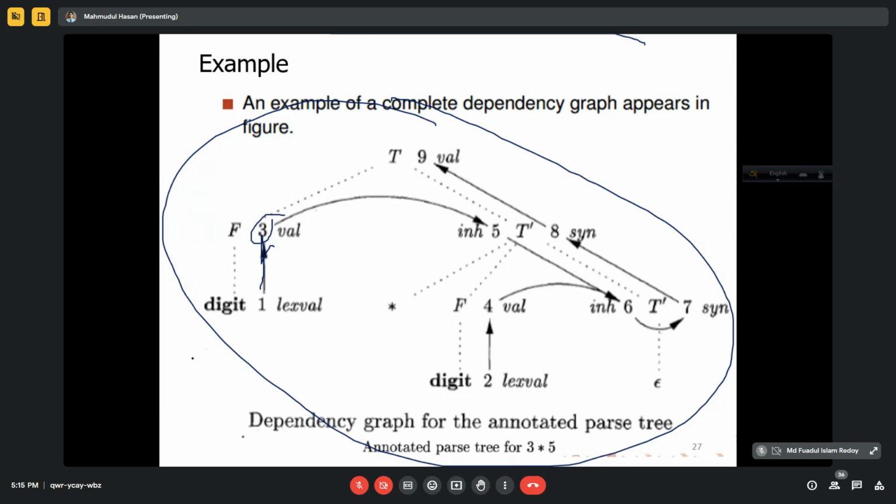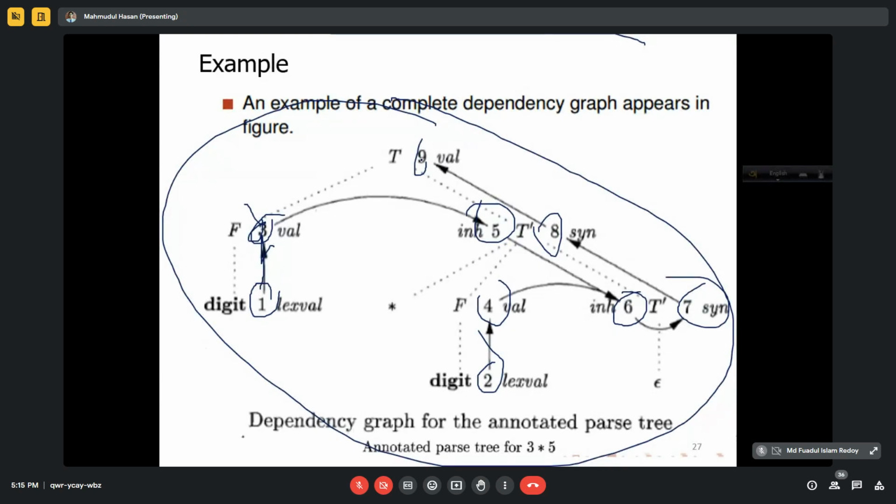That means this operation is performed first, then this one, then this one, and so on. So the serial number, how the expression is evaluated, and the direction are the actual concern of the dependency graph. Got it, everyone?